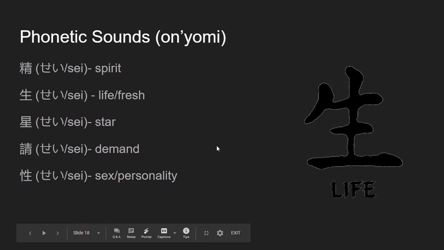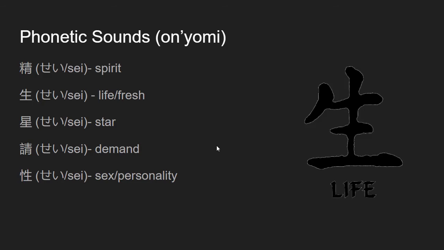Now, phonetic sounds. As I covered earlier with cho for town, when you had that nail-looking kanji, you have now this kanji which means life, which, whenever it's used in these kanji, gives the pronunciation of se.